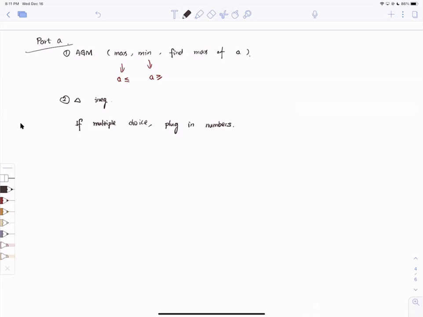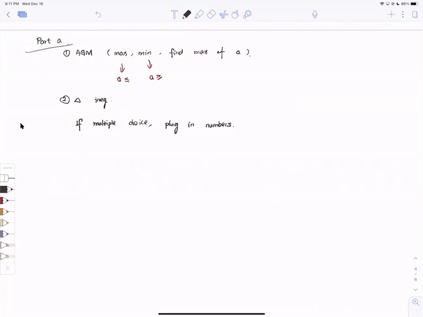Even if it's not multiple choice, if they ask you which one is greater or which one is smaller, you plug numbers in to see which one is bigger. Wow, I can't find anything now, but I'm just gonna give you a stupid example.